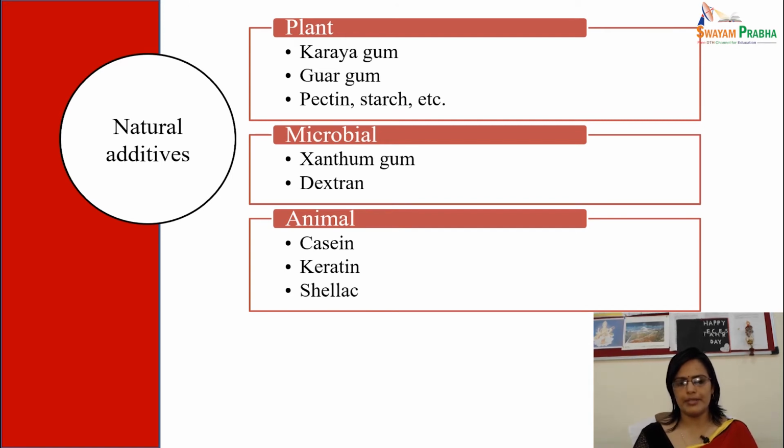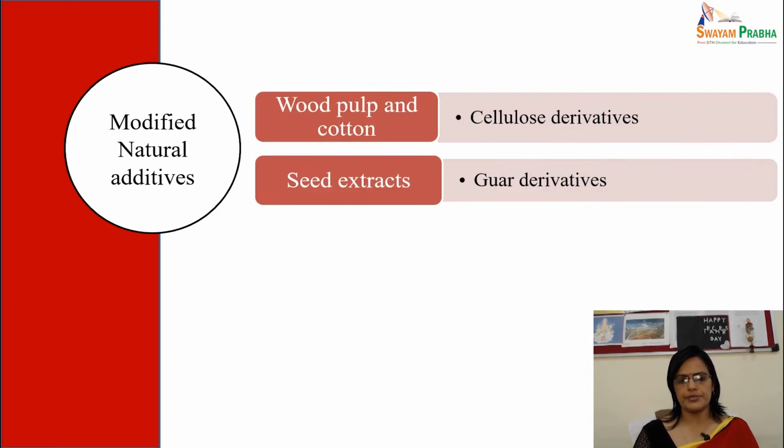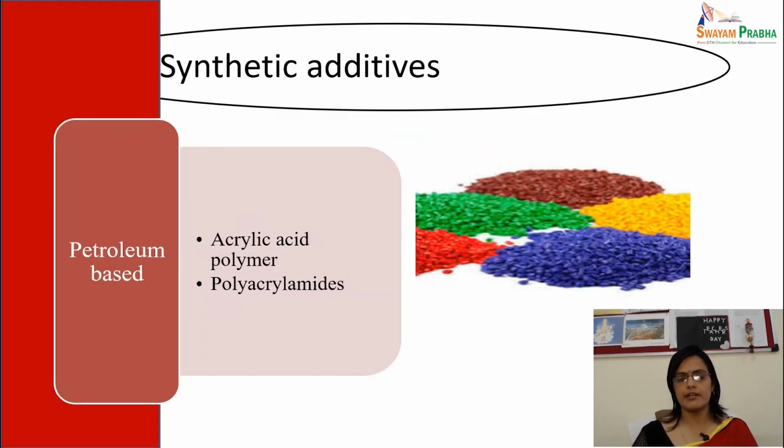So remember natural additives. Now, modified natural additives: cellulose derivatives, guar derivatives, seaweed extract. Examples are guar derivatives, wood pulp, and cotton cellulose derivatives. Now synthetic. Whenever we say synthetic, some chemical reaction is involved in their formulation. Petroleum-based examples are acrylic acid polymers and polyacrylamide.